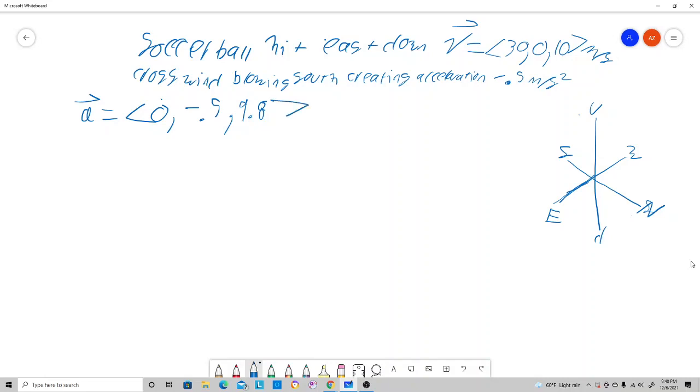So that's our acceleration vector. Now to make it into a position equation, we first need to take the integral of this. So all I have to do is say that the v vector, in terms of t, is equal to the integral of this vector.